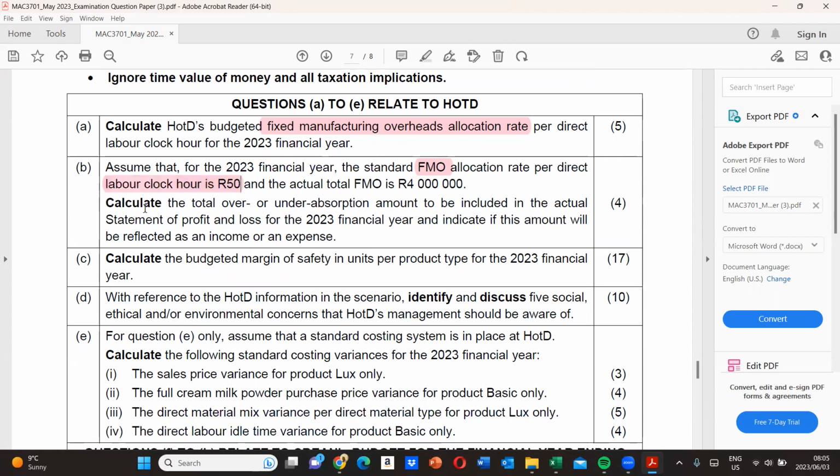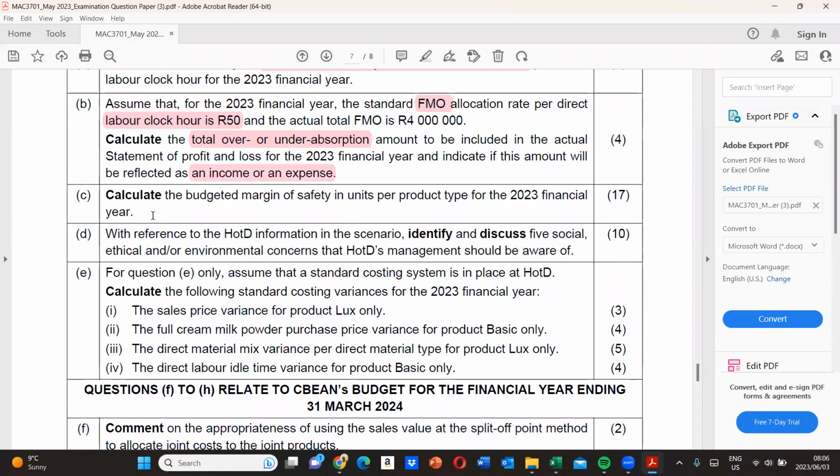And then this one says: calculate the total overall under-absorption amount to be included in the actual statement of profit and loss for the 2023 financial year, and indicate if this amount will be reflected as income or as an expense. The other one says: calculate the budgeted margin of safety in units per product tab for the 2023 financial year.